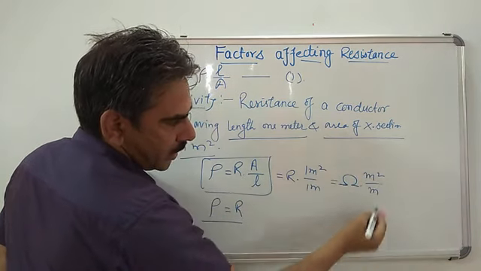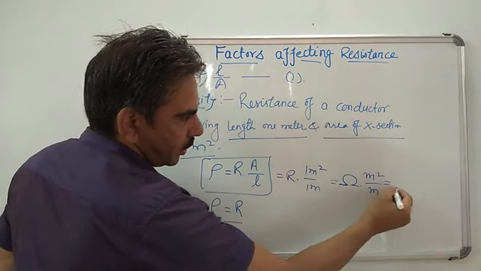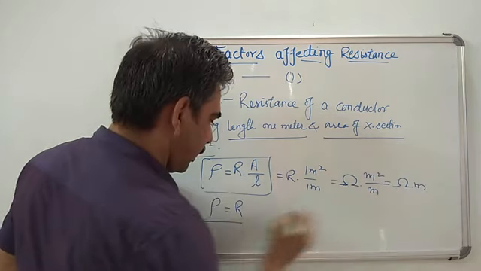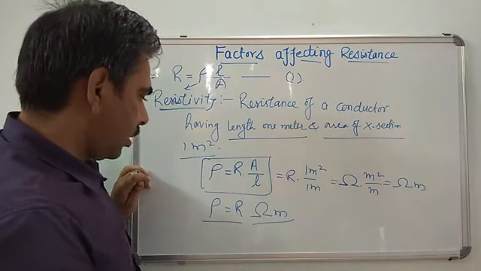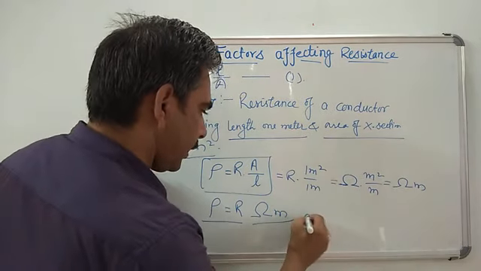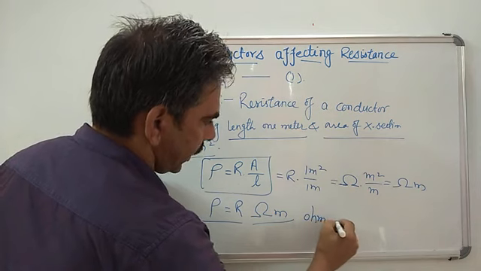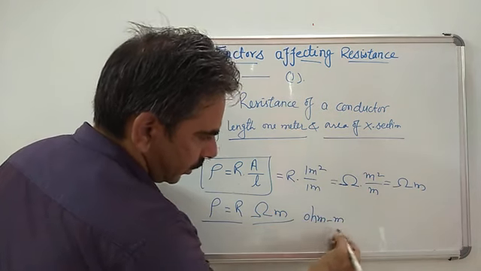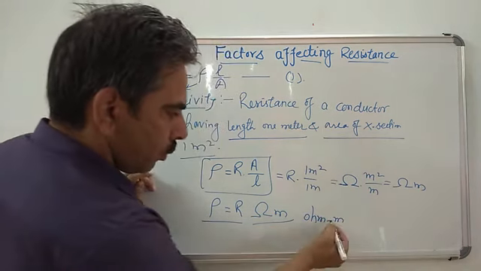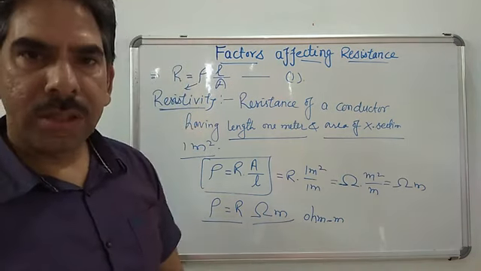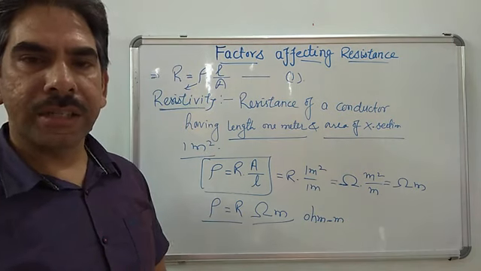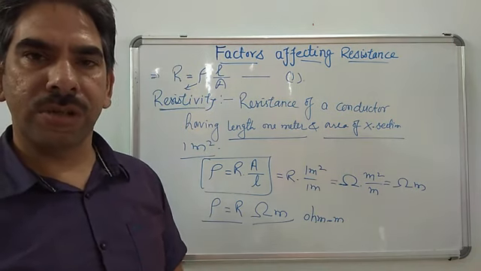One meter cancels out, so the real units for resistivity are ohm meter. We can also write it as ohm-meter with a dash, otherwise it may cause confusion. So this is about the factors affecting the resistance and the resistivity of a conductor. That's all for now. Thank you.